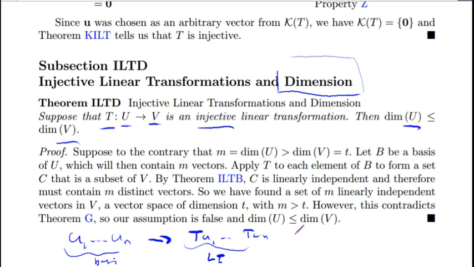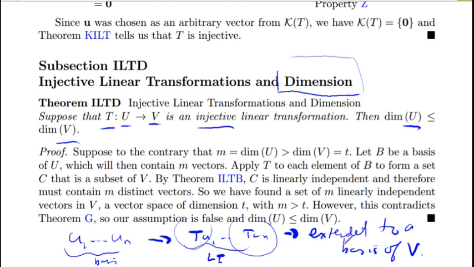Now we know that a linearly independent set can be extended to a basis of V. So what does that mean? That means the basis of V must have at least as many vectors as there are vectors here. So the dimension of V must be at least as big as n. So that's the substance of this proof.